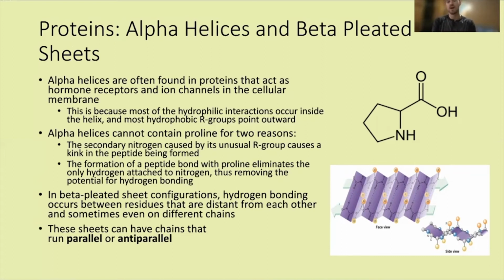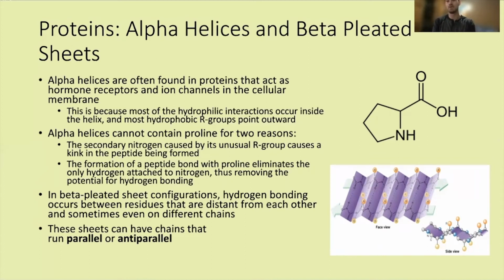This is because most of the hydrophilic interactions occur inside the helix, and most hydrophobic R groups point outward. Remember, the cellular membrane is a hydrophobic environment, so anything that's hydrophilic or electrically charged is not going to associate into the membrane very well. Beta pleated sheets don't do a very good job of hiding their hydrophilic R groups.